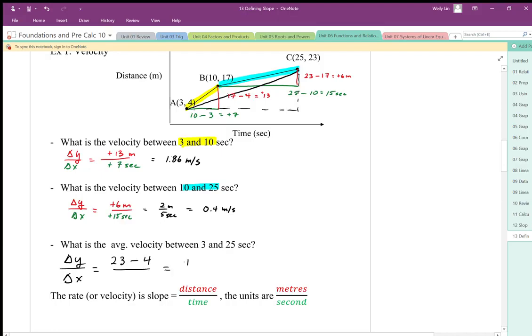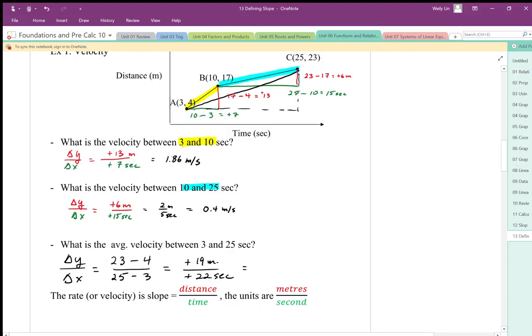So the change is going to be positive 19 meters. And the change in the time, or the change in the x, is we ended at 25 seconds, we started at 3 seconds. The change is going to be positive 22 seconds. Okay, so that is our velocity for the average velocity from the start to the end.